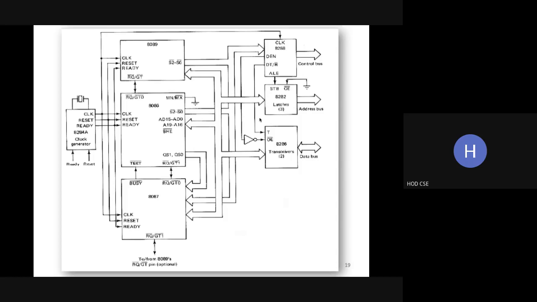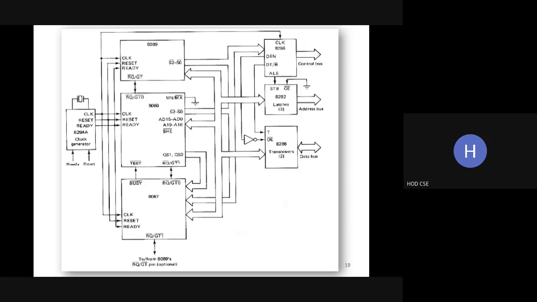Hope you understood this. So that's all about this 89 IO processor. In this unit, first we studied the pin diagram of 8086 and two block diagrams for maximum mode and minimum mode. Then we studied IO programming.